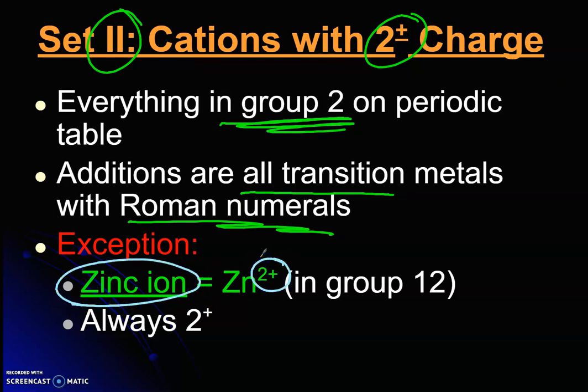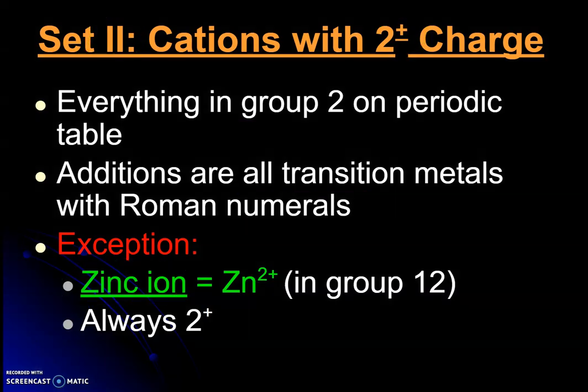Zinc is only a 2 plus. He's in column 12 and he is on a diagonal to silver. So you're going to see that silver and zinc are next to one another. He's in group 11, he's in group 12, 12, 2, 11, 1, etc. You know where we're going with that.